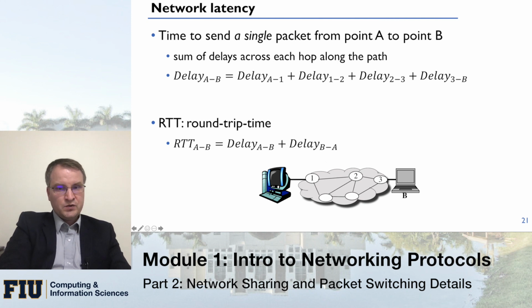So delay in one way does not necessarily equal delay in the other direction, for a couple of reasons. First, different queues could build up in different directions. Links are not necessarily the same in the 2 directions. If you know already, for example, LTE on mobile phones doesn't have the same capacity in both directions.